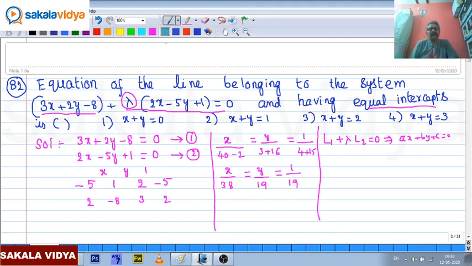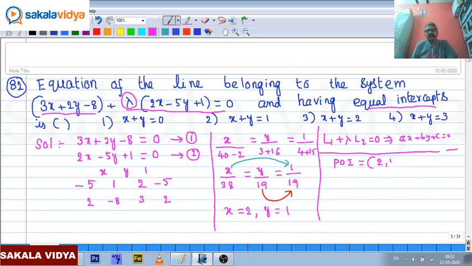Now if you equate these two, we get x is equal to 38 by 19, which is 2, y equals 19 by 19, which is 1. So therefore point of intersection equals 2 comma 1.